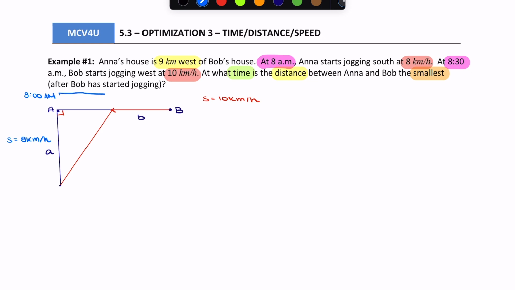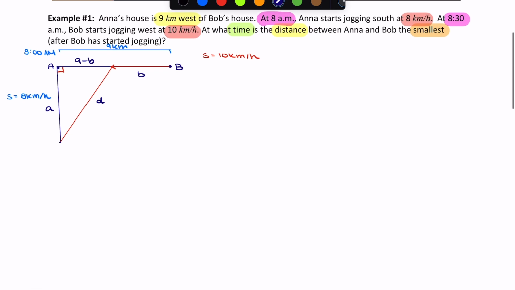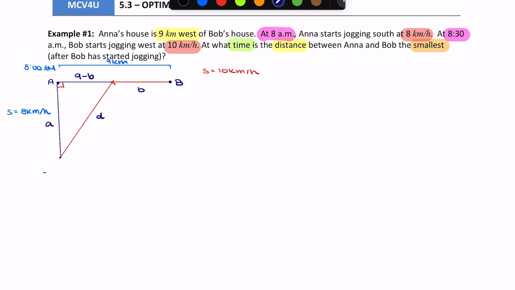So this entire thing is 9 kilometers, and that means that this side would be 9 minus B. And then we'll label the hypotenuse D, as distance. So here we're looking for the minimum distance.